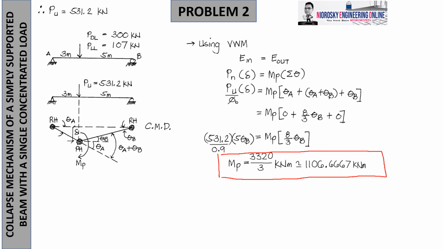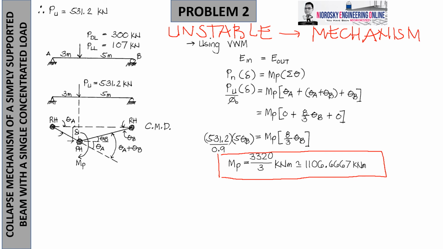By the way, ano ba yung concept pala ng collapse mechanism as a diagram? Usually, si collapse mechanism, nagbumukha siyang unstable no? But not really unstable. Kaya that's why, there's what we call unstable, but there's what we call a mechanism. Kaya nga, tinawag siya mechanism kasi, even though it looks like it is not functional, there's a system happening. And the mechanism goes on the concept of the plastic moment.